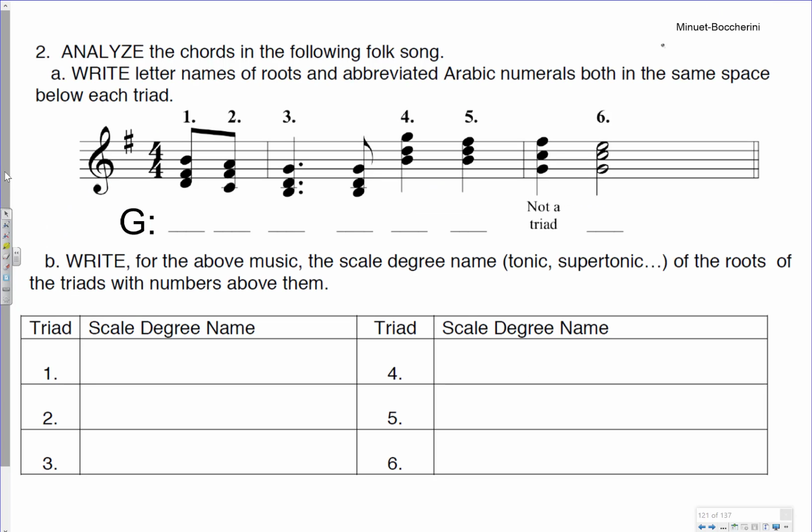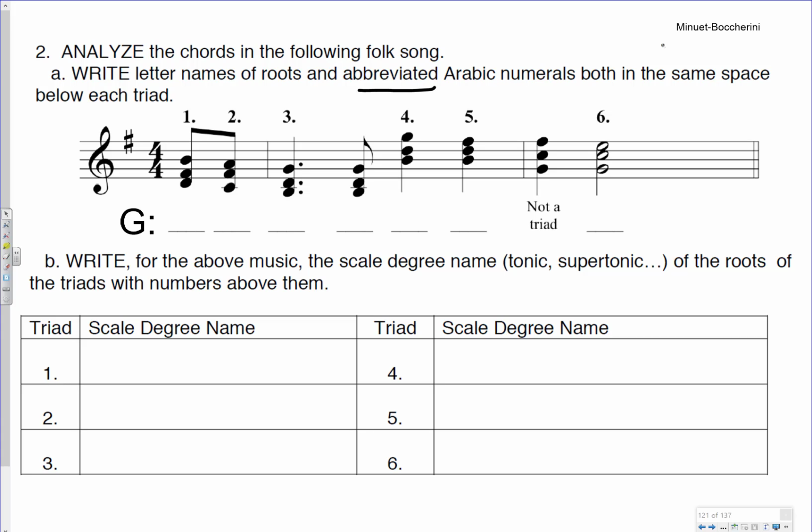Here, we need to analyze the chords in the following folk song. We are going to write letter names of roots and use abbreviated Arabic numerals, both in the same space below each triad. We'll do the first one together.